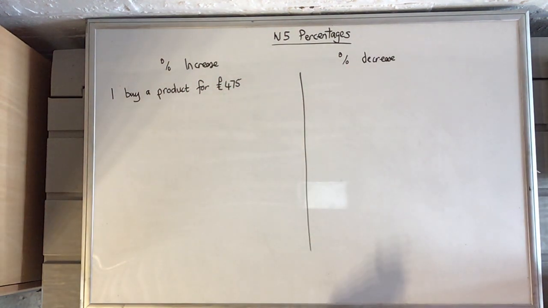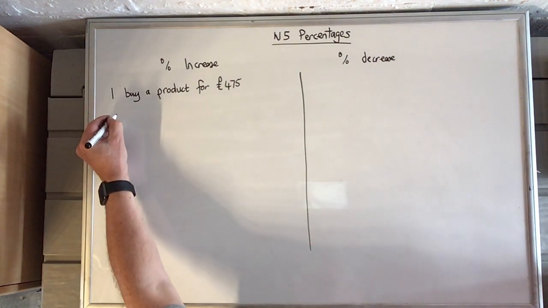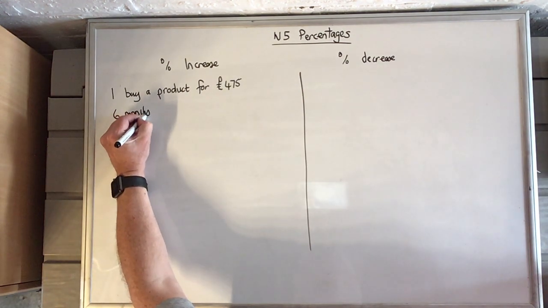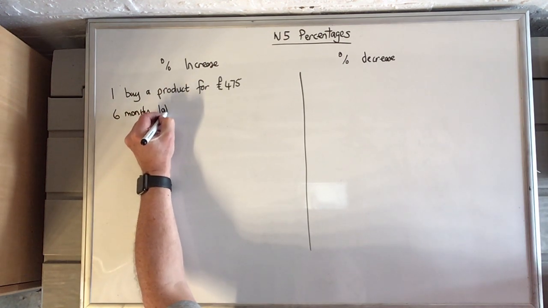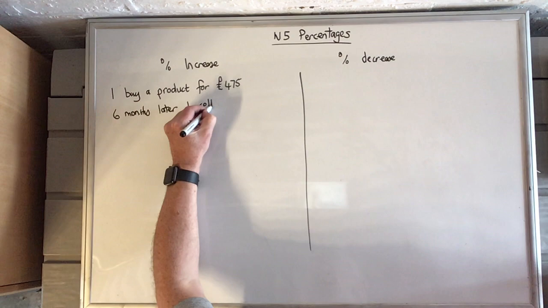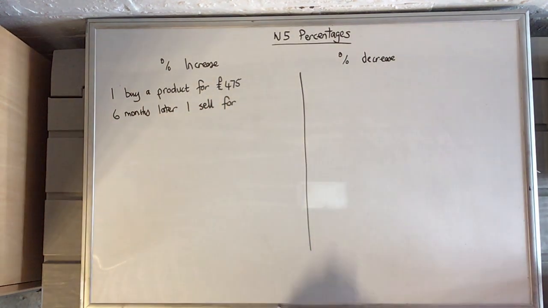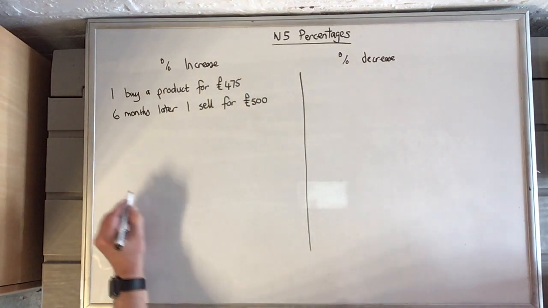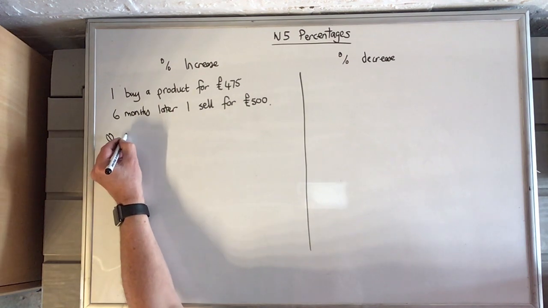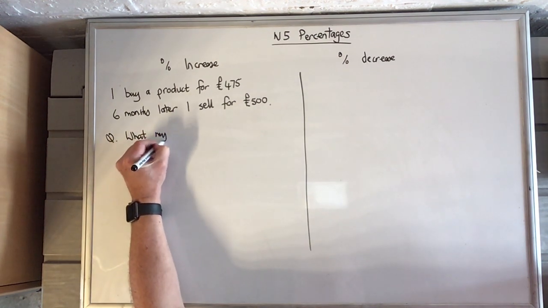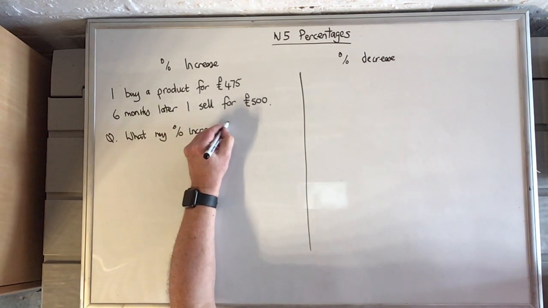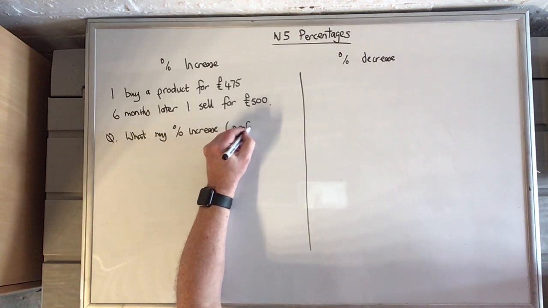Okay, and I sell it 6 months later for £500. Question: what is my percentage increase? Or my percentage profit, sometimes called profit.